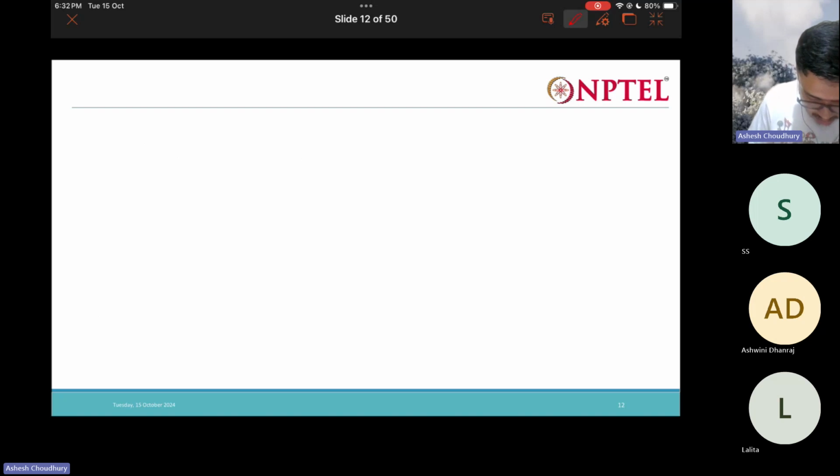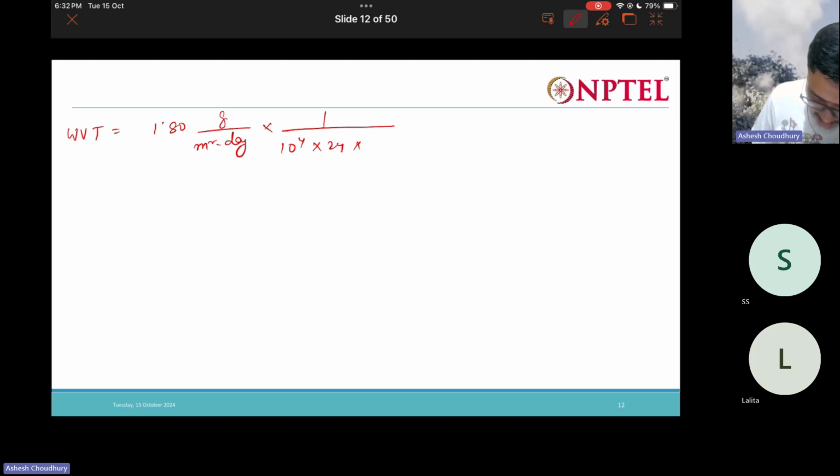So WVT is 1.80 into 1 by 20. We have to just convert the units, one by one. So this one comes as gram per cm squared second.